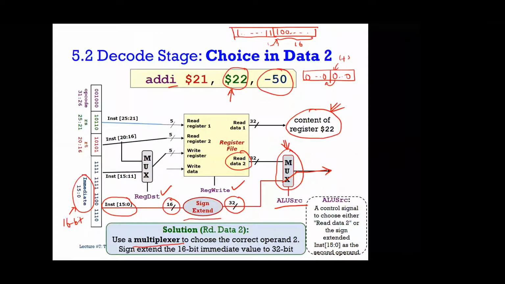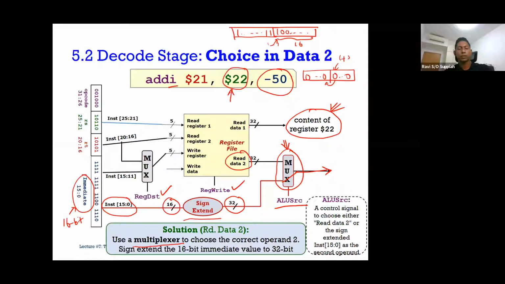Okay, so maybe let me explain the question so everybody understands. In this case, I specify 22 over here, and I specify 21 over here, and 21 also comes here. Since I am going to use 21 as my write register, I will configure register destination such that this gets selected.